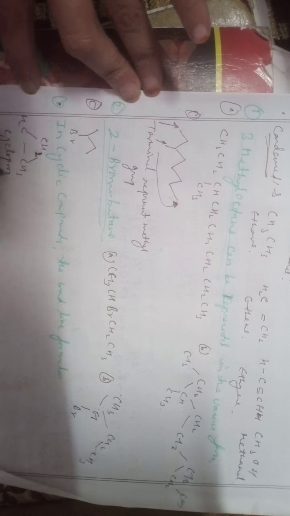All are bonded with CH2, with the bonding taken from the carbon-carbon atoms. This is cyclopropane. It can be represented as you can see here, forming a triangle. Now we go for the next one.